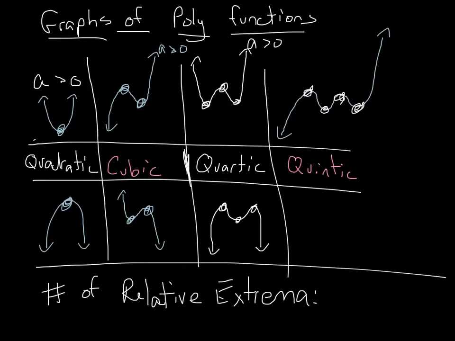And if the degree is odd, degree 5, and a is negative, it finishes down. So it goes down, whoop, whoop, whoop, whoop. We got a min, a max, a min, a max. Alright, so odd degree, arrows go opposite ways.